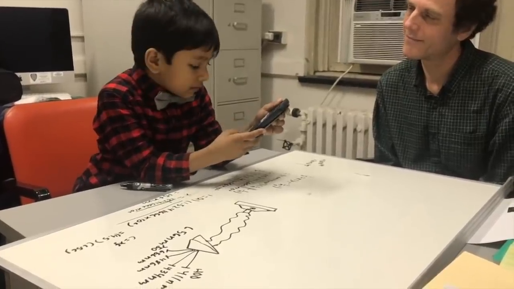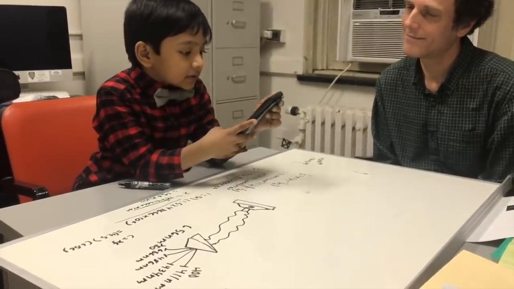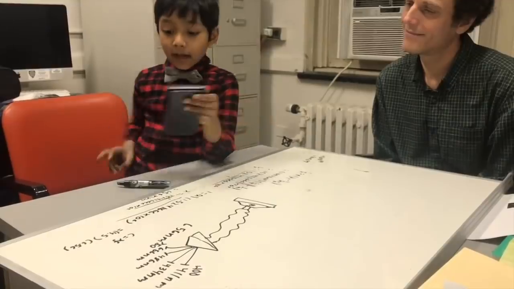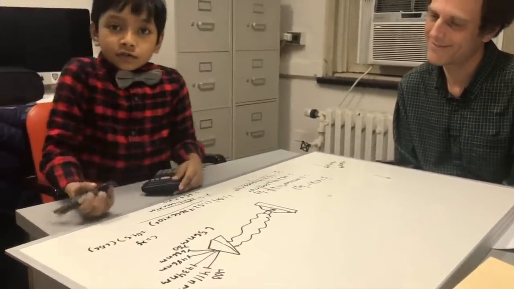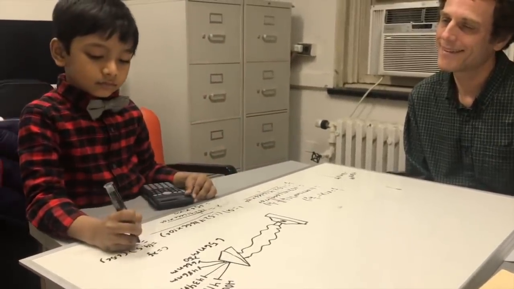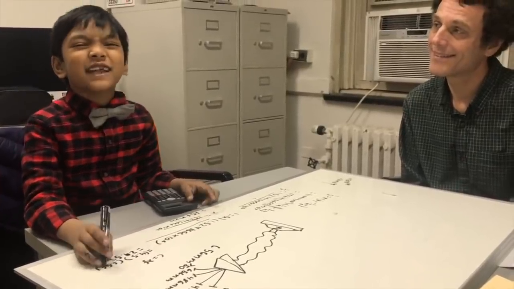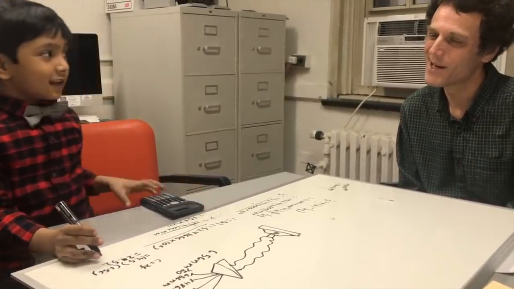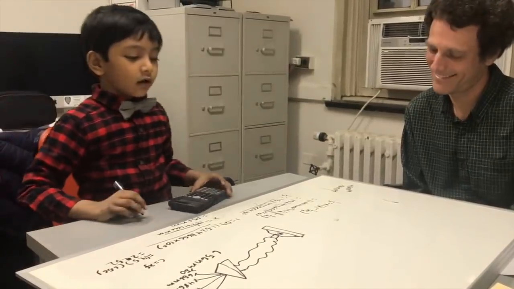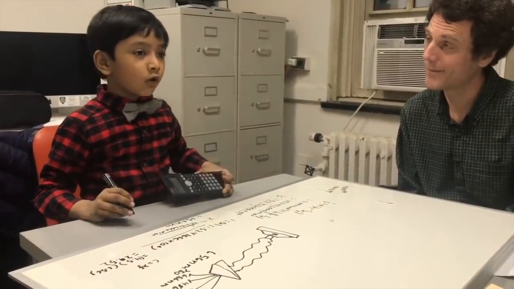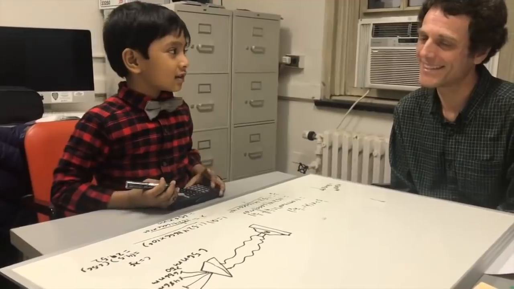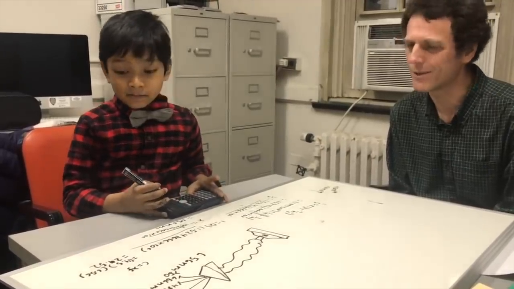4.5 times 6.56 is 29.52. Okay. Which Dad always likes to round to 30. He also always rounds decimals to whole numbers. Is that right? Oh, okay, well, we'll let him do that.